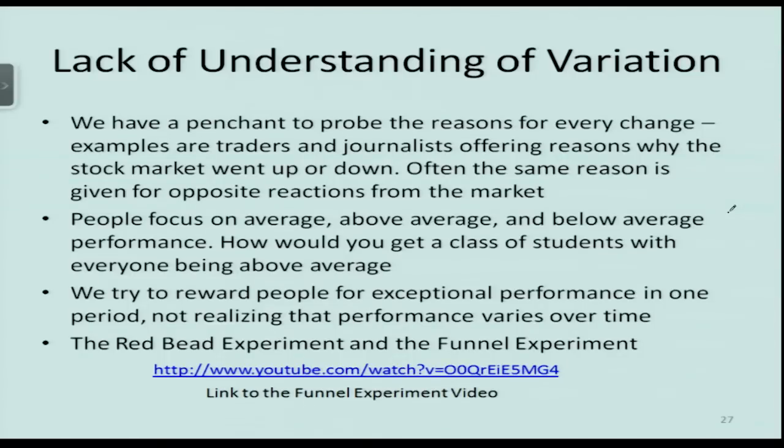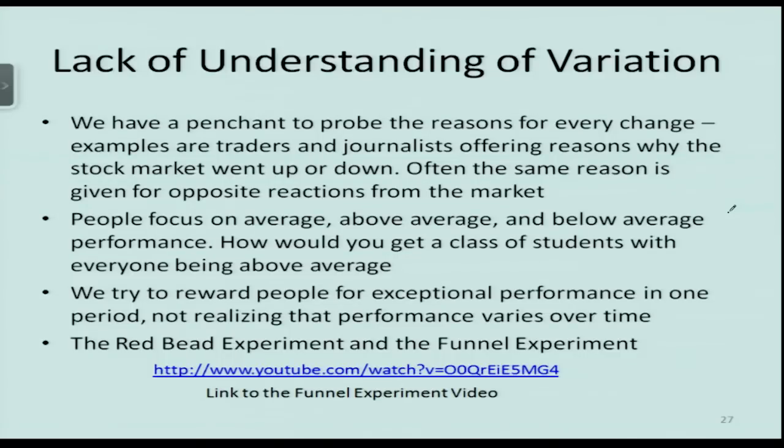Now Deming had a very famous set of experiments. One is called the red bead experiment, and the other one is called the funnel experiment. And both of these experiments basically were devised or designed to depict this variation and what happens when we attempt to do something when no action is required.